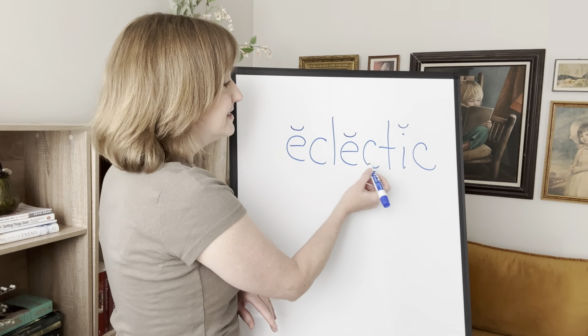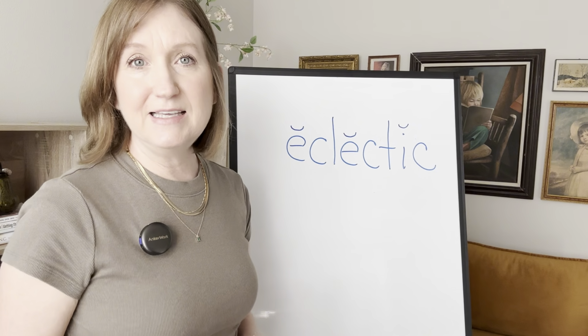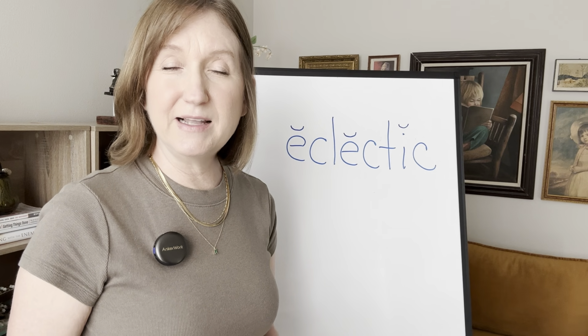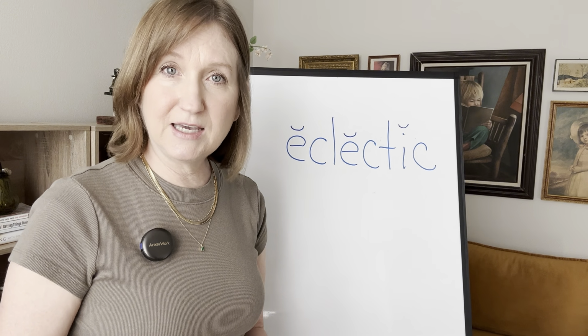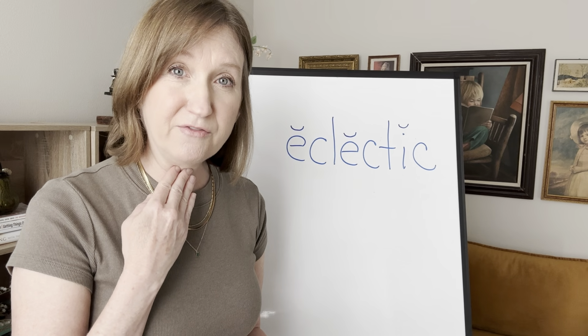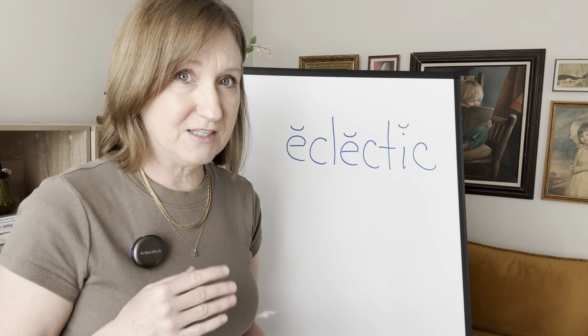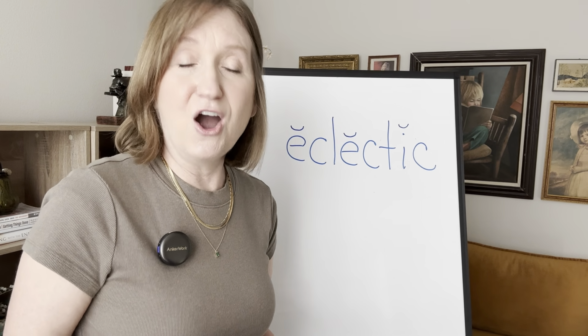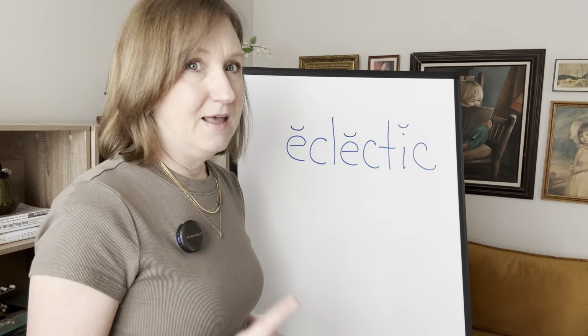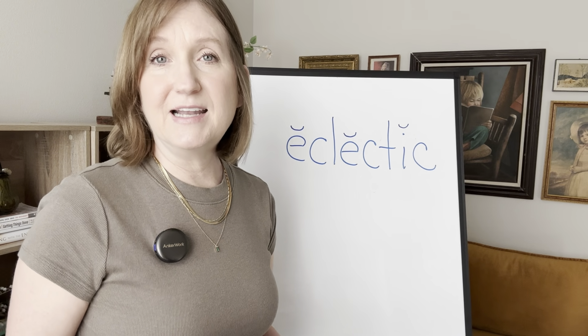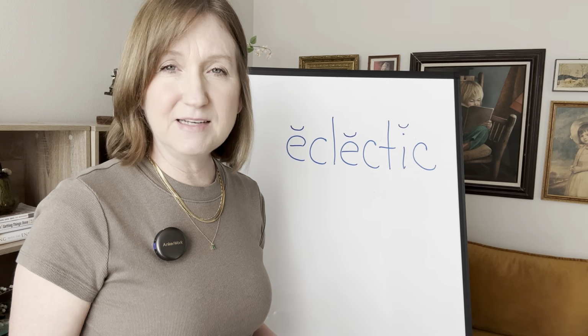Now let's look at these C's. There's 3 of them here, and C's can make 2 different sounds. It can make its hard sound, k, where your tongue is kicking off against the back of your throat. K. It's just air though, don't say ka. The hard sound for C is k. The soft sound for C sounds like an S, but that doesn't happen very often.